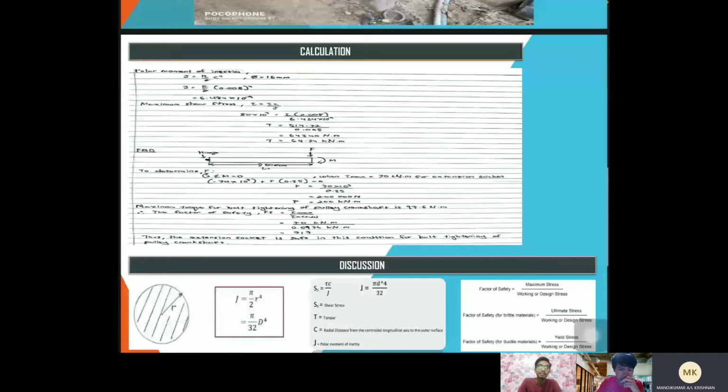The maximum shear stress is tau equals Tc over J. Tau equals 10 to the power of 9 for the shear modulus, and equals T times 0.008 over 6.434 times 10 to the power of -9. So the final answer is 64.34 kilonewton meter.